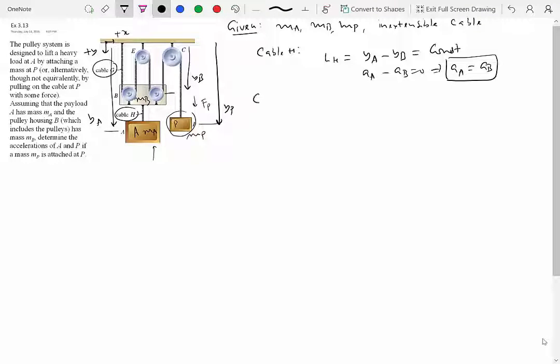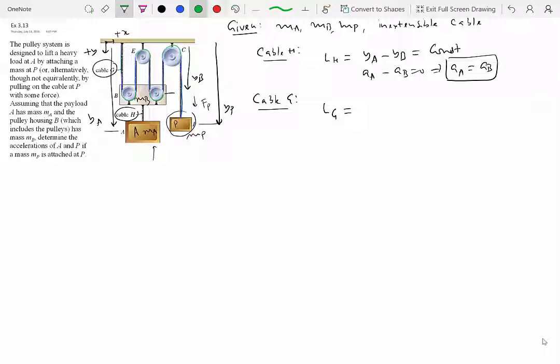What about other cable G? So for cable G, let's say the length is L sub G, and that would be equal to, okay, I need to show this to you. So we have YB plus another YB, 3YB, 4YB, and then we have YP, right? And all these lengths over here, which wraps around the cable, around the pulleys, are constant, so they are not important.